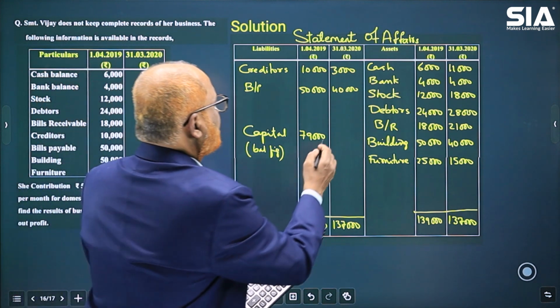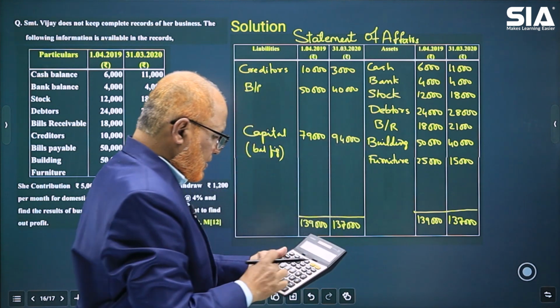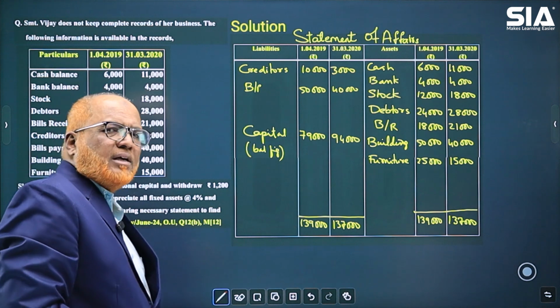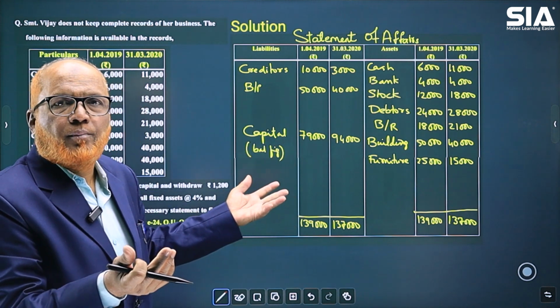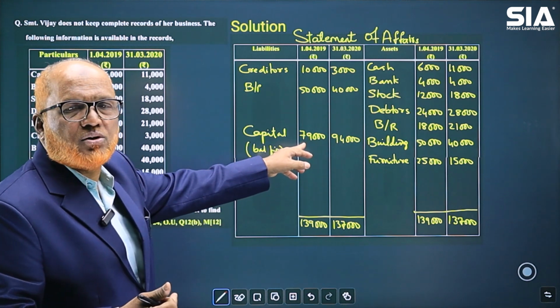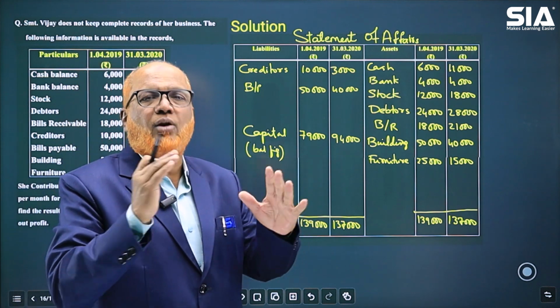It comes to 94,000. That's all. So the purpose of making this statement of affairs is to find out the capital, which is not given in the problem. Balancing figure: 79,000 capital at the beginning of the year, 94,000 capital at the end of the year.